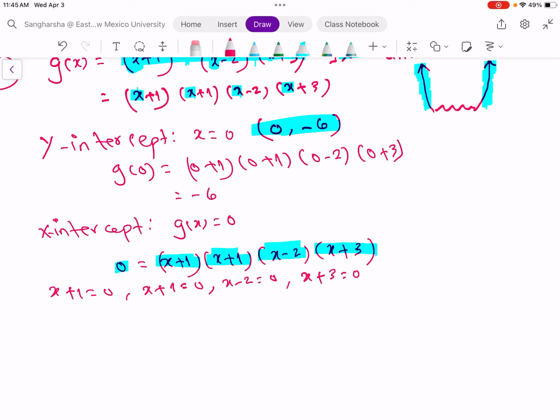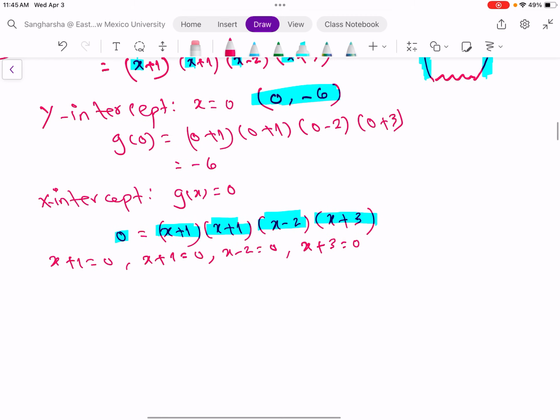If this is the case, then only their product is equal to 0. Now we can solve these equations. These are linear equations. For this equation, we subtract 1 on both sides. For this equation, we add 2 on both sides. For this equation, we subtract 3 on both sides. So we have x equals negative 1. We get the same number here, x equals negative 1. Then x equals 2, and x equals negative 3.